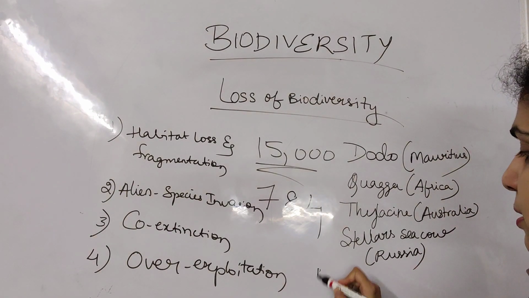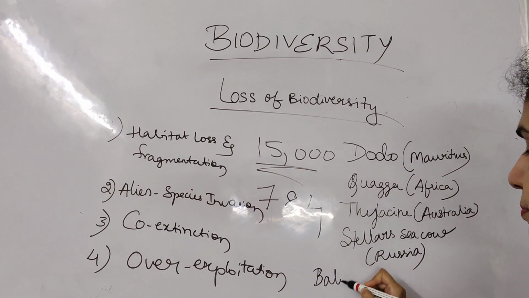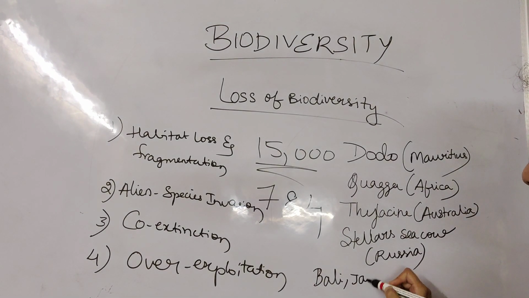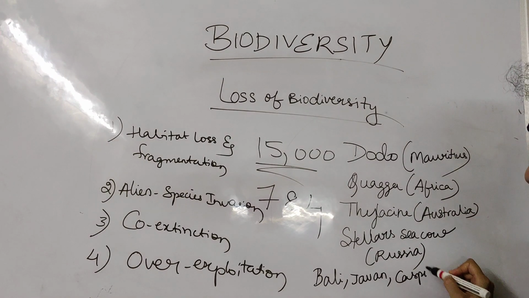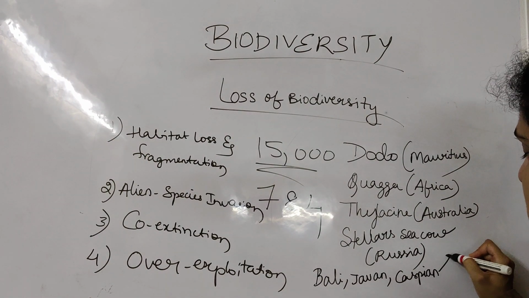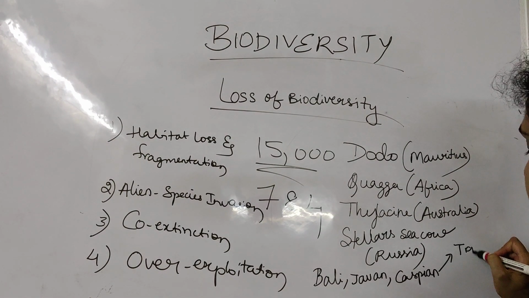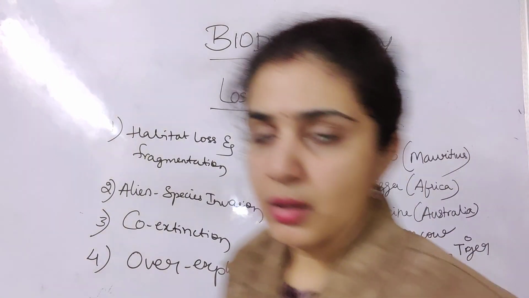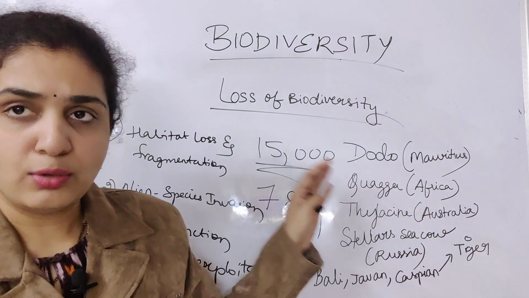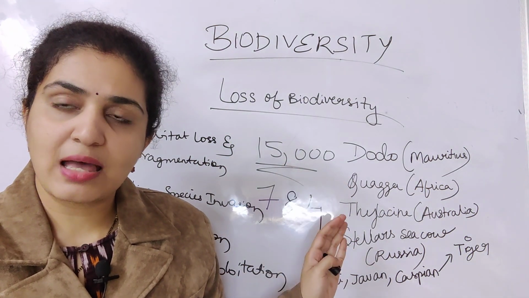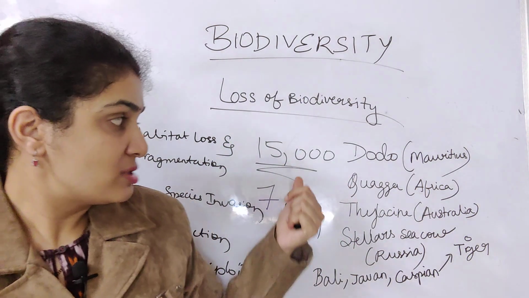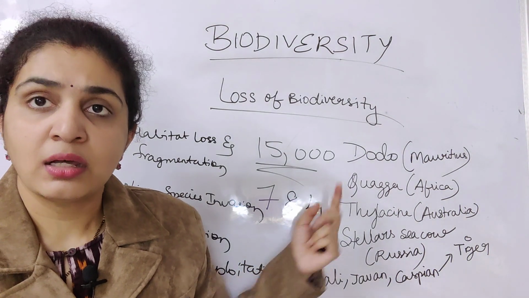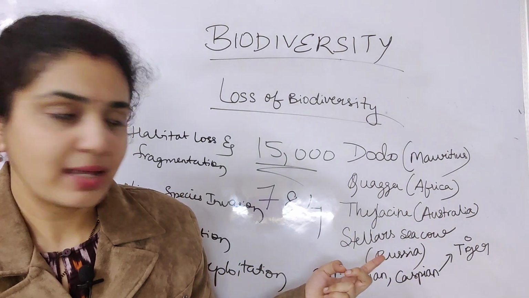Then Bali, Javan, Caspian. These are all subspecies belonging to the main species called tiger. So now I want to tell you these are the main common examples of the 784 species that got extinct.